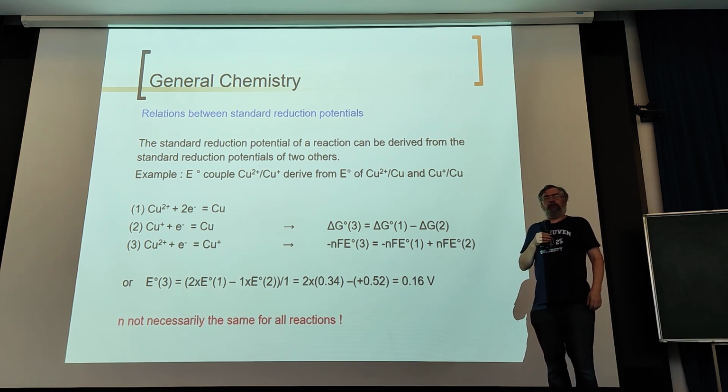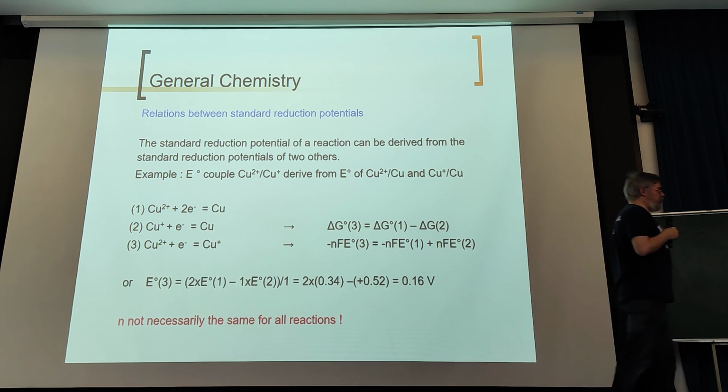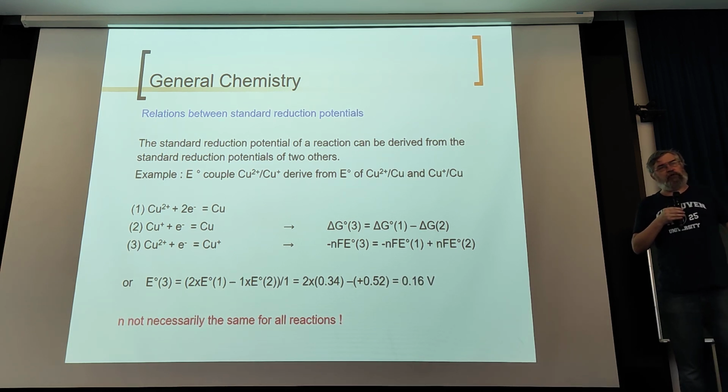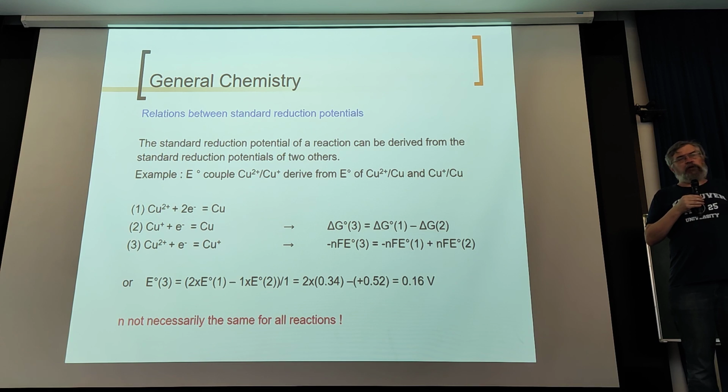Now going on with thermodynamic treatment of redox potentials, we see a direct relation between free energy and the potential, reduction potential. So that means the same kind of transformations we can do for free energy, we can also do for the potential. And we know already that we can combine reactions, we can add up reactions, or we can subtract reactions.